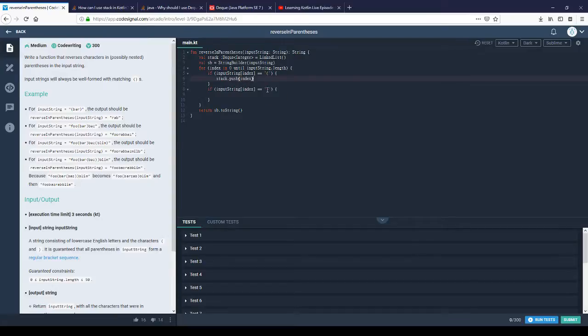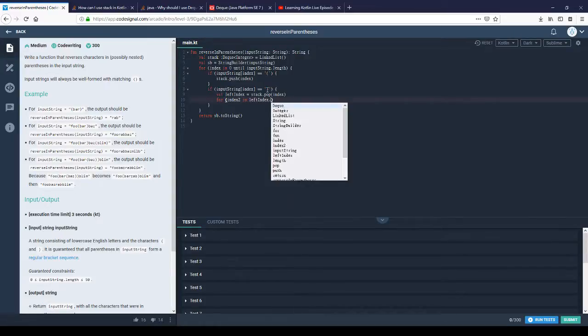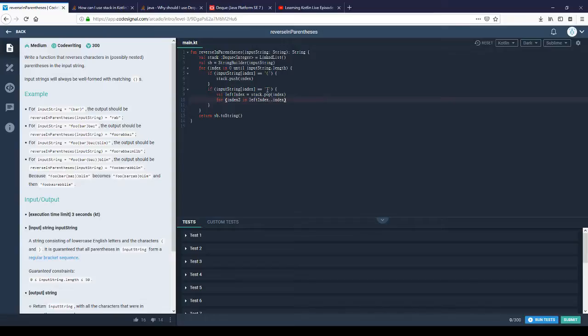Push index, pop index. Val left index equals, and for index until left index plus 1.